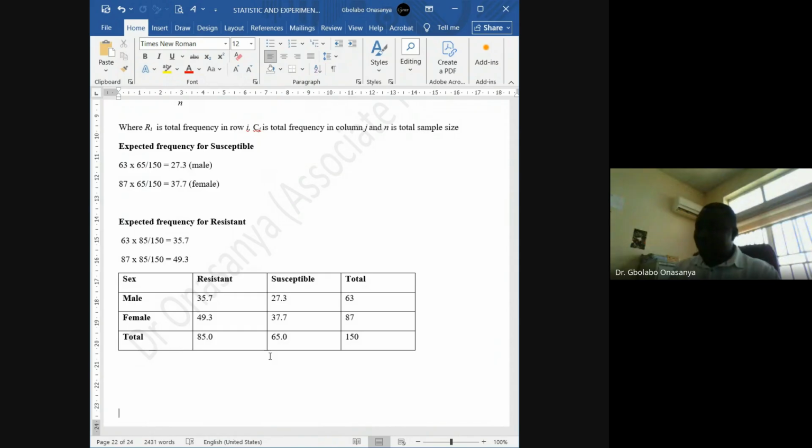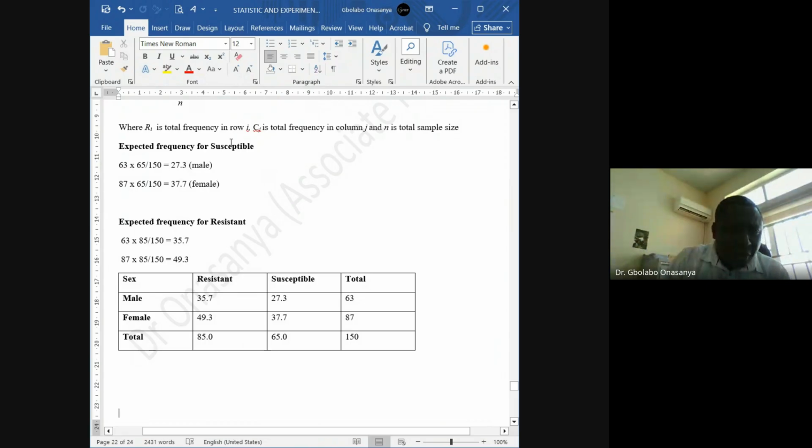Now, how do we do it? Look at this. Expected frequency for susceptible, male and female. Remember, we say expected frequency is R_i C_j over N. So we pick here, we are talking about susceptible for male.